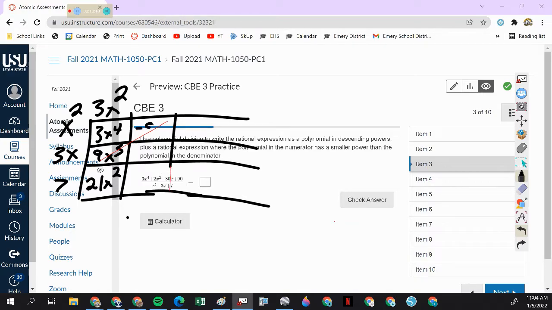So I need a negative 9x to the third. Pull out an x squared, negative 9x. This is negative 27x squared. And this one would be negative 63x.